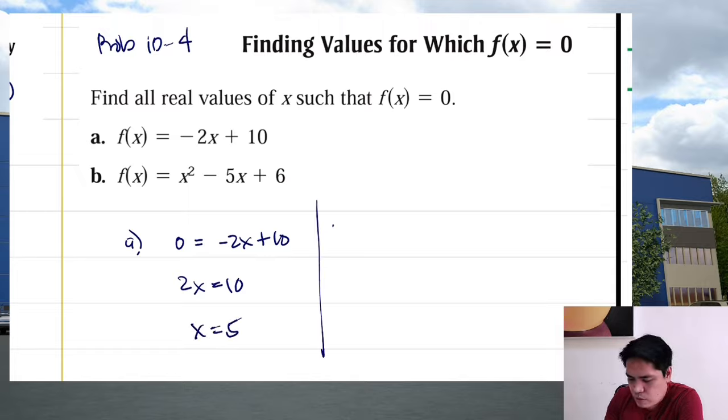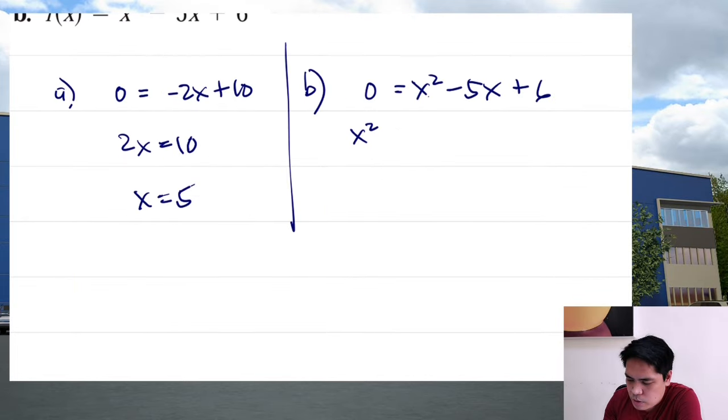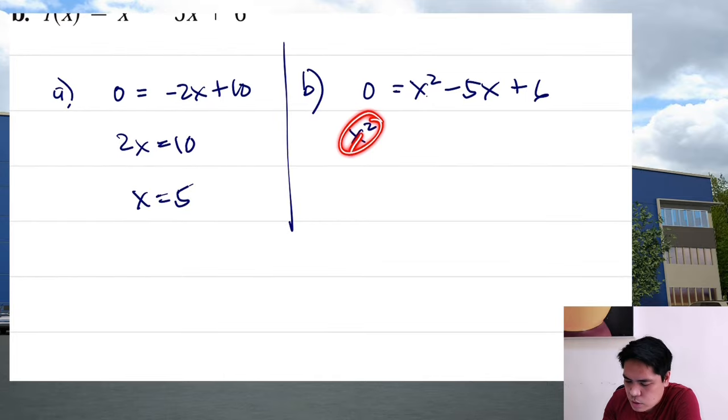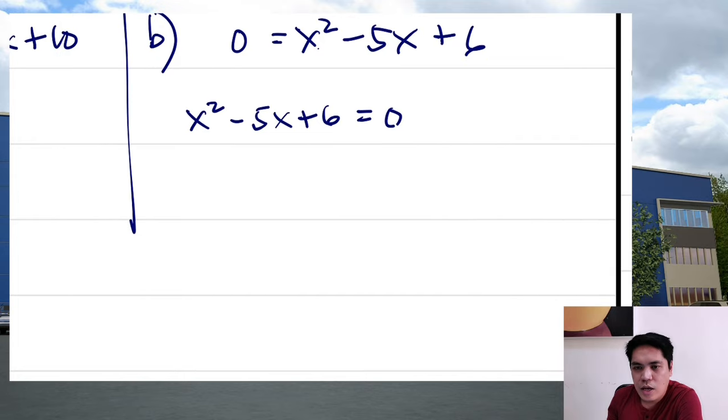Napakadali. So, pangalawa, we have 0 is equal to x squared minus 5x plus 6. Or baliktarin natin. So, x squared minus 5x plus 6 equals 0. In this case, meron tayong quadratic equation.